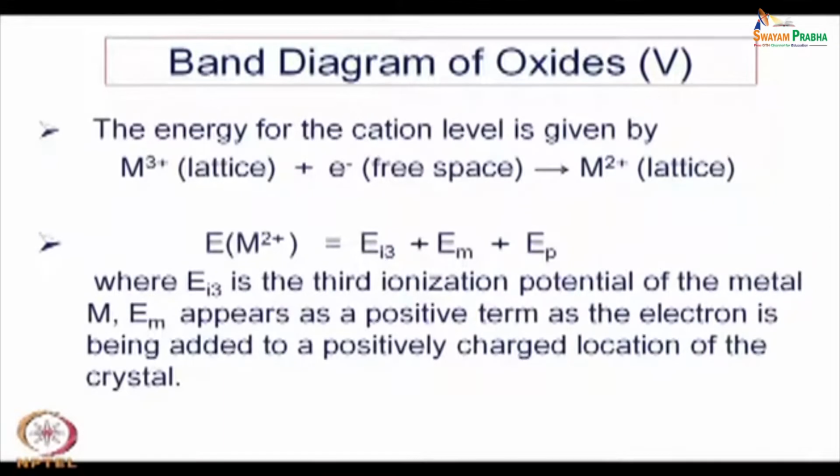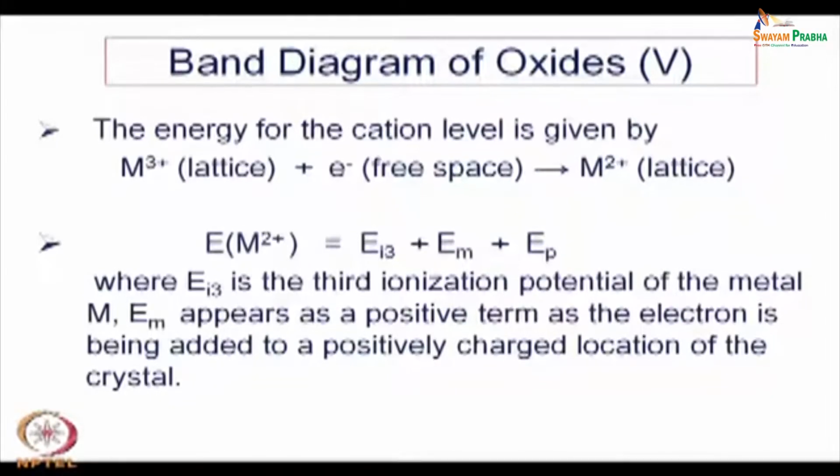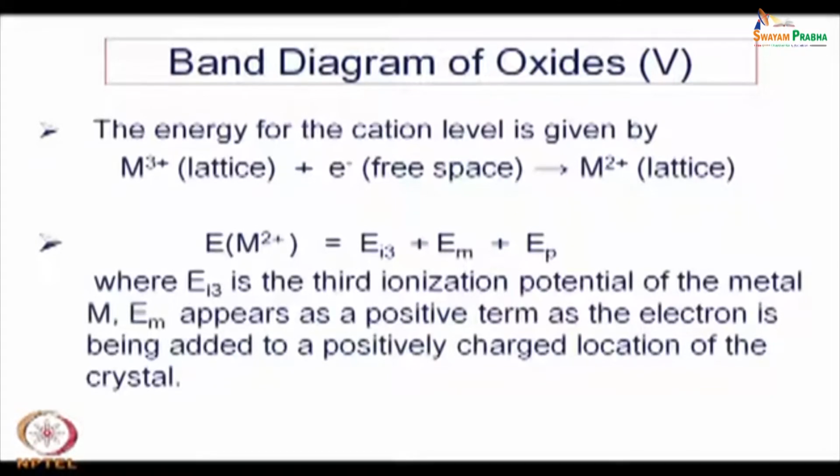Now, in the case of the cation, the energy for the cation level is given by similar terms, M3 plus. Now, an electron is getting added to a cation. So, we start with a 3 plus ion, M3 plus ion.